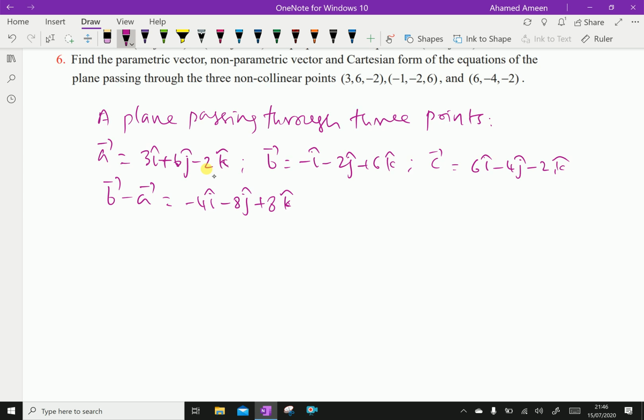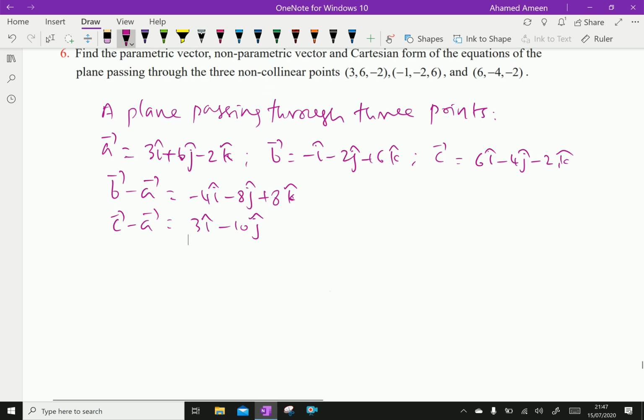Like that, C minus A: 6 minus 3 is 3i, minus 4j minus 6j is minus 10j, and minus 2k minus of minus 2k is 0. There is no k term here.